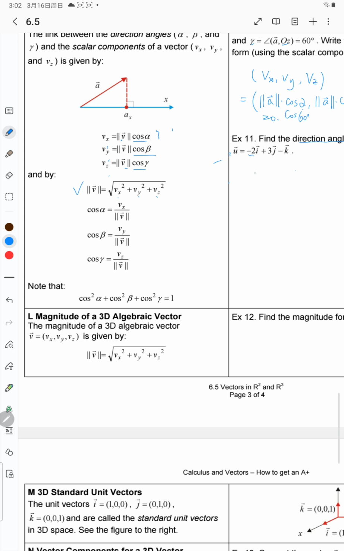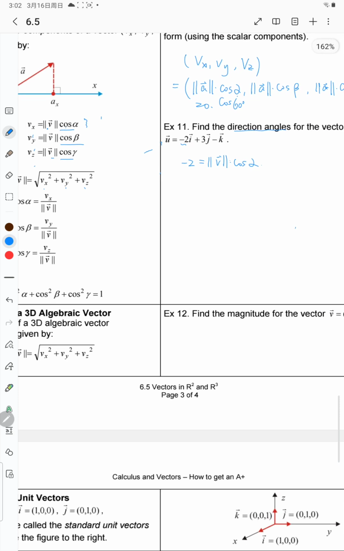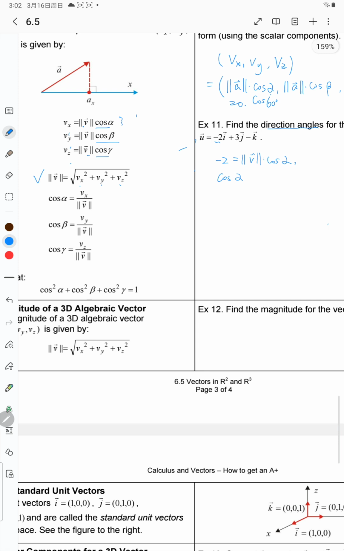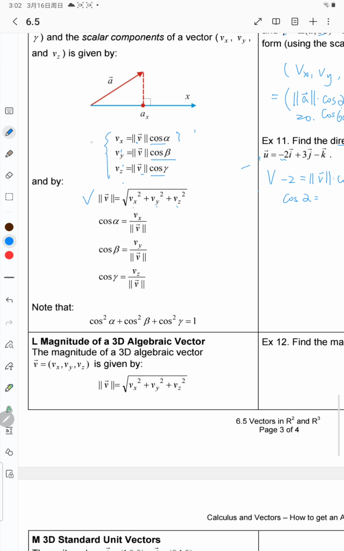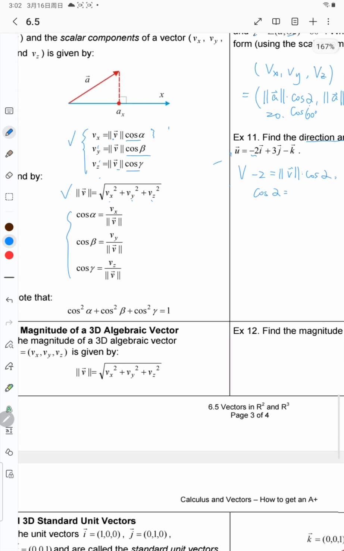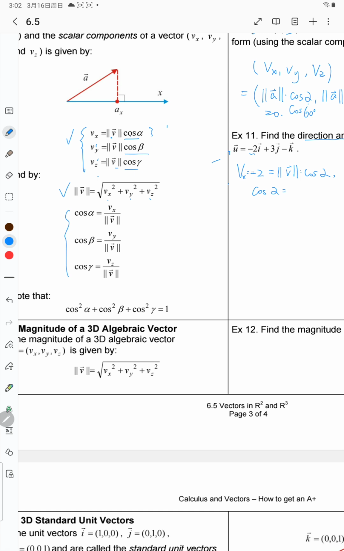So our Vx is -2, which is our V times cosine alpha. Or you can directly say that cosine alpha is equal to Vx over V. Here you're just gonna remember one of these sets of definitions.